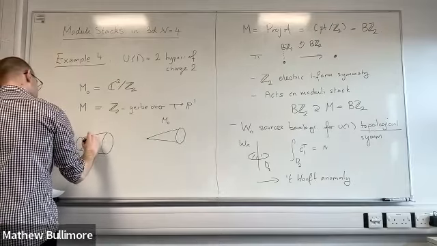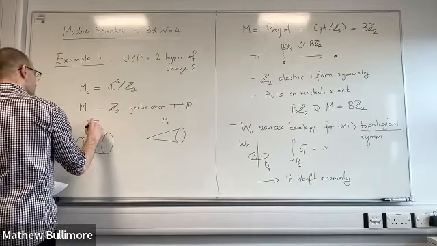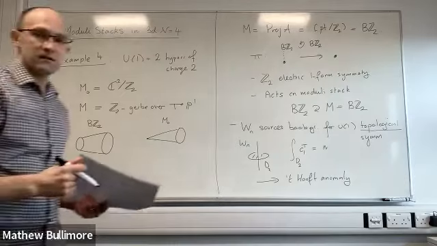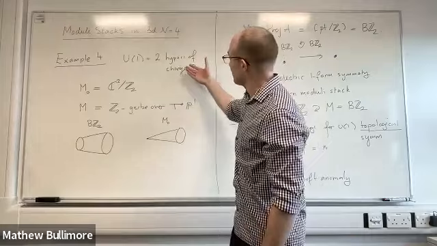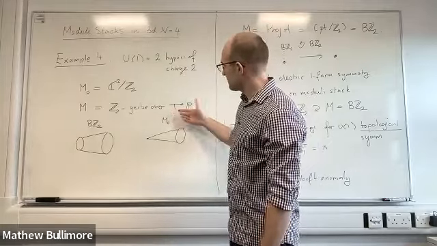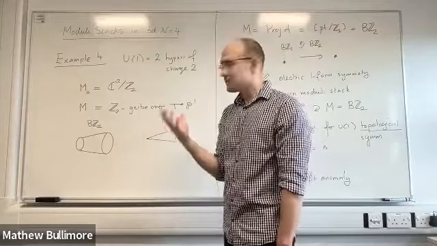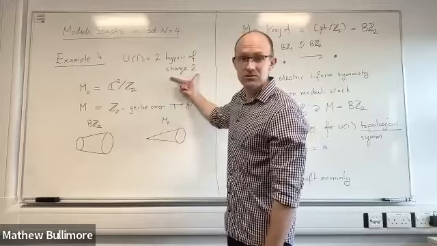But then above every point on T star of P1, I have a BZ2. What does it mean? It just means that the Higgs branch of this theory is T star of P1 as an algebraic variety, but if I sit at any point on the Higgs branch and flow to the infrared, I still have an unbroken Z2 gauge symmetry because all the matter has charge 2.